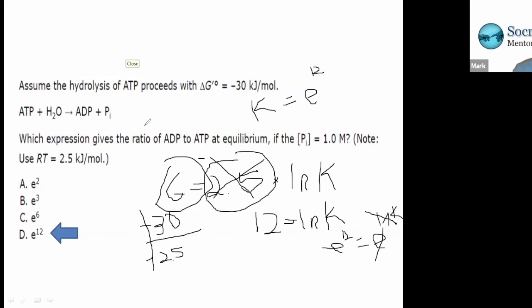Yes, this is the last question and I'll move on. RT ln K is used to help find Gibbs. Yes, or actually in this case, we used Gibbs to find K. But yeah, it's an equation. What it means conceptually is that the free energy and the equilibrium constant are related.